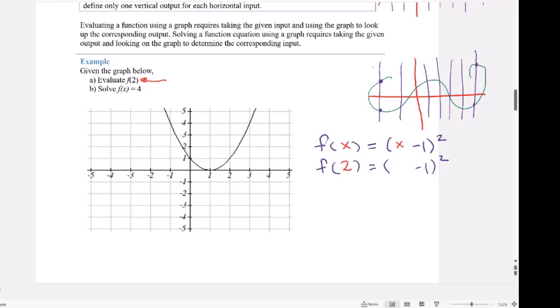Well, it's replacing the x's, isn't it? So f of 2 is going to equal 2 minus 1, which is 1, squared, which is equal to 1. So f of 2 equals 1. Look at that. When I plug in 2 for x, this basically means x equals 2, y equals 1, or we can put it in ordered pair form (2, 1). Okay?